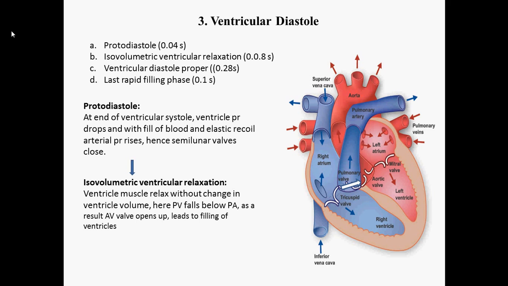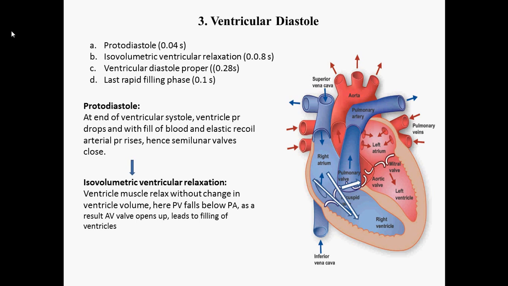There is no force on them. Just because of that pressure change, the atrioventricular valve opens up passively, and with the effect of gravity, almost 70% of the blood from the atria comes to the ventricle. So you can now understand why I used the term additional.